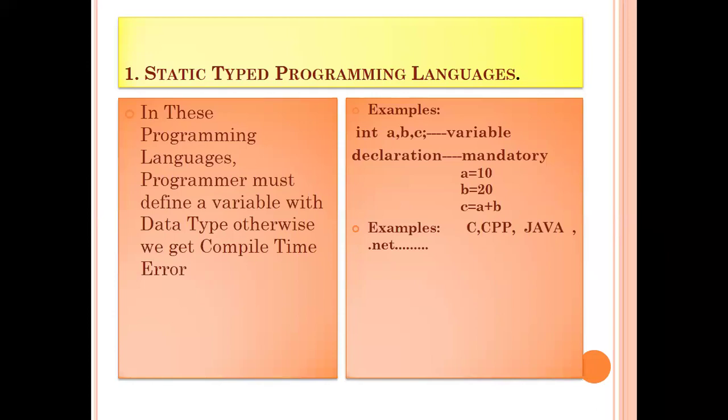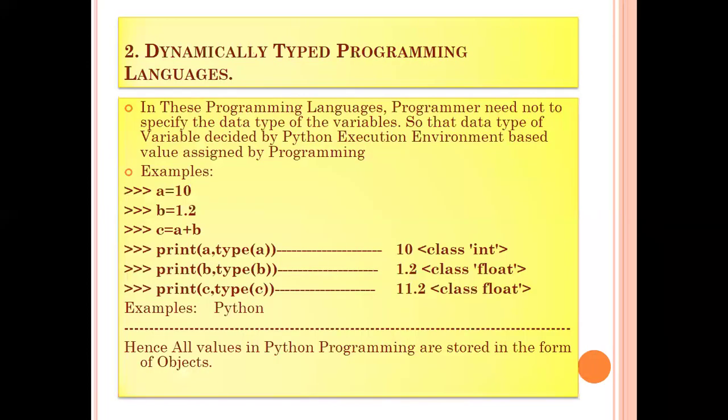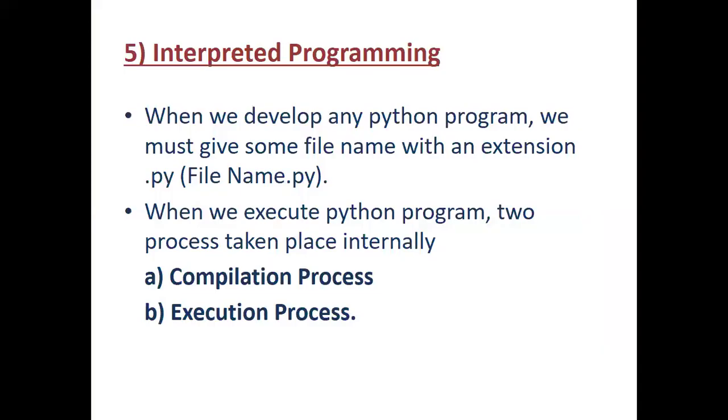But in a dynamically typed language, we need not define the variable type. The Python execution environment assigns the values based on the program, so we need not mention it, it will take it on its own.